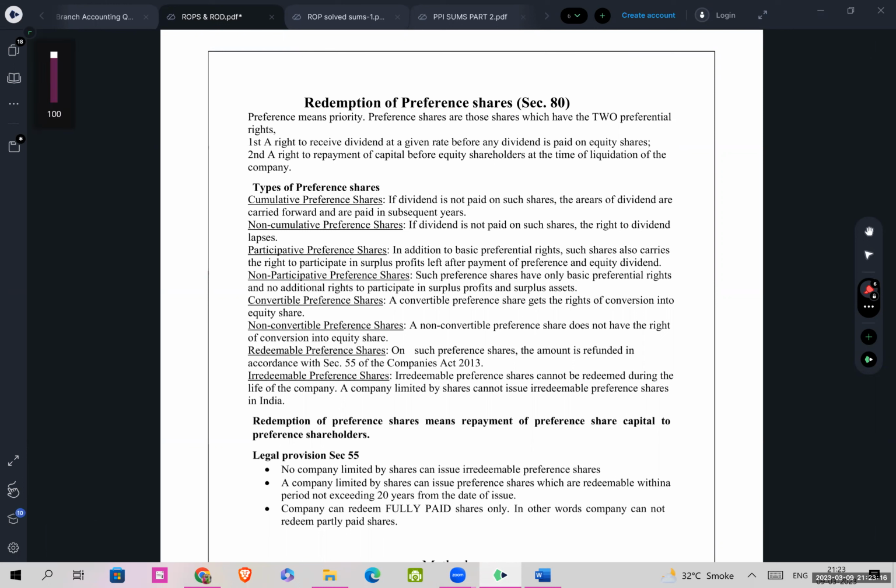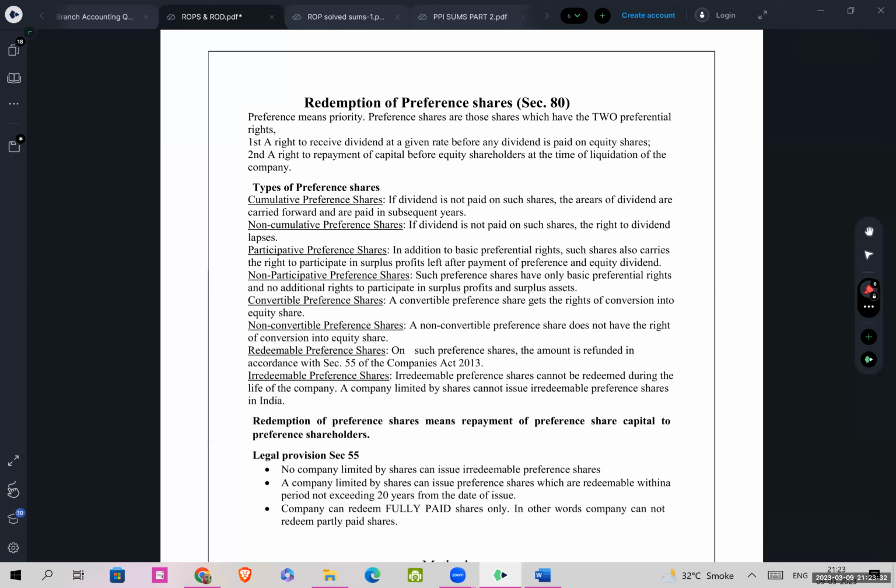Just go through the part that is written on the screen, which says that preference means priority with respect to shares, which has two preferential rights.